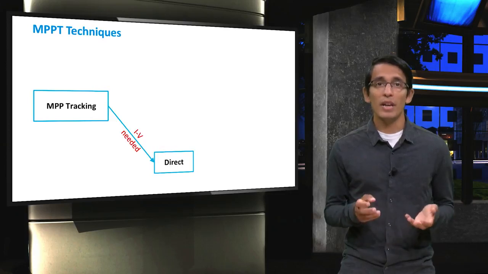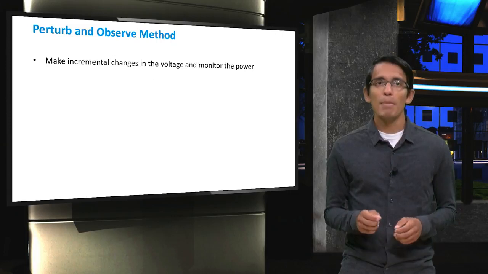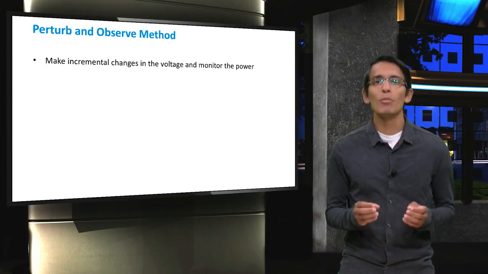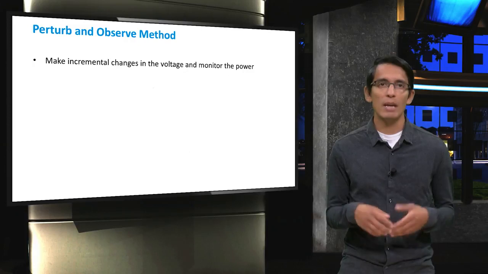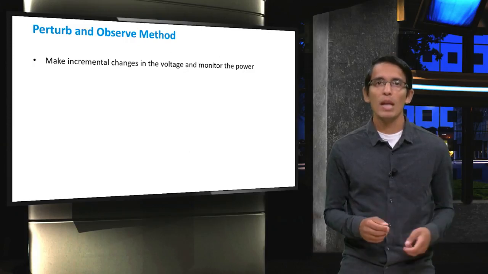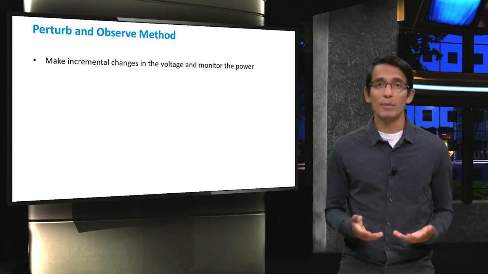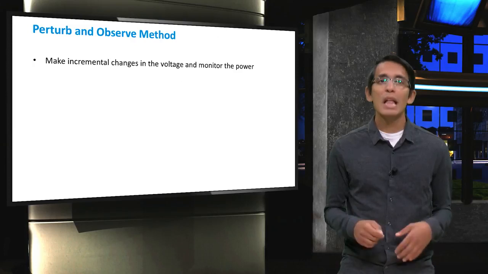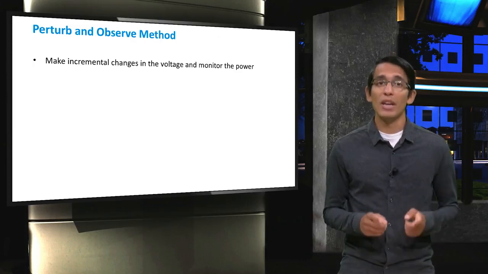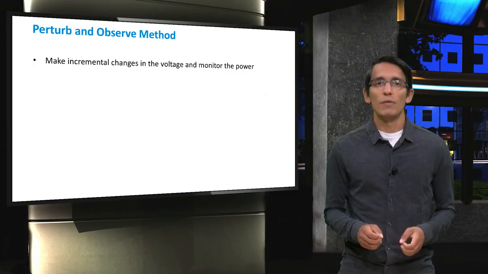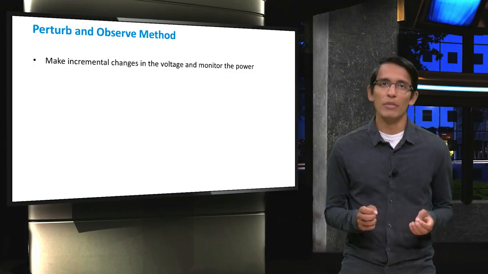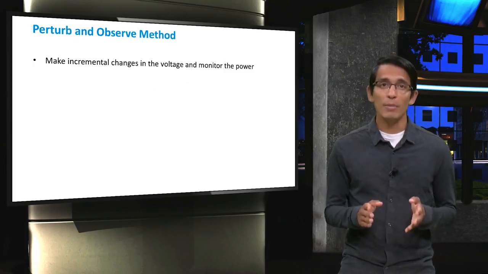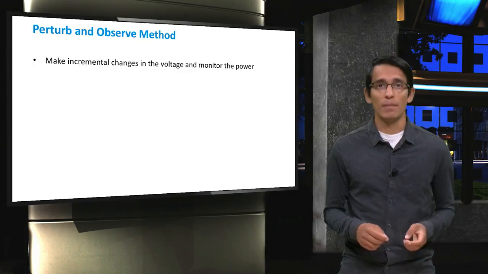The logic behind this technique is quite simple and straightforward. Basically, the MPPT continuously makes incremental changes to the voltage and monitors changes in power. If the change in voltage increases power output of the solar panel, the next perturbation will be in the same direction. If the change in voltage decreases the power output of the solar panel, then the next perturbation will be in the opposite direction.